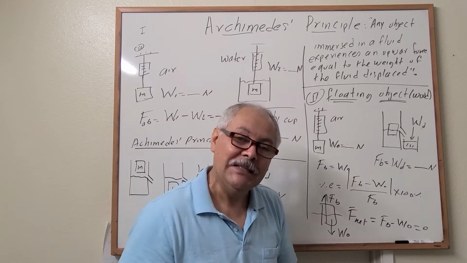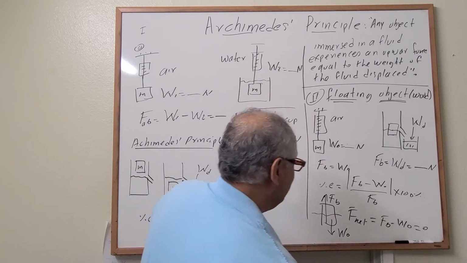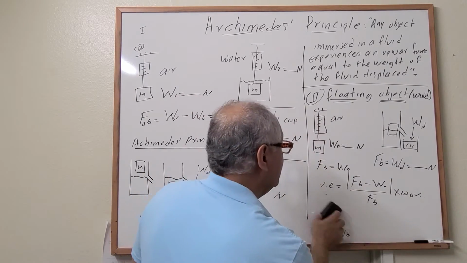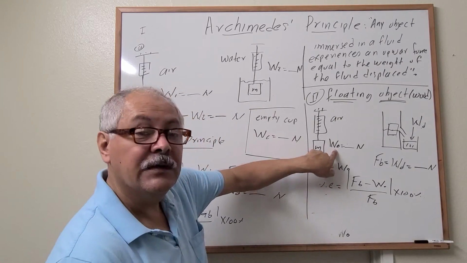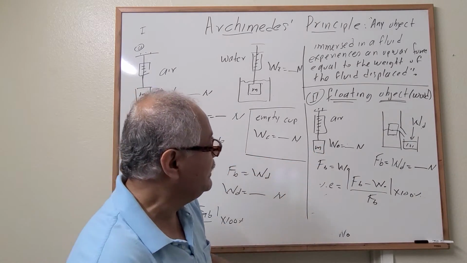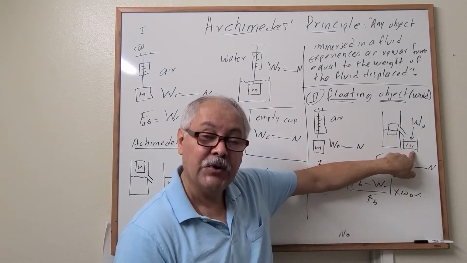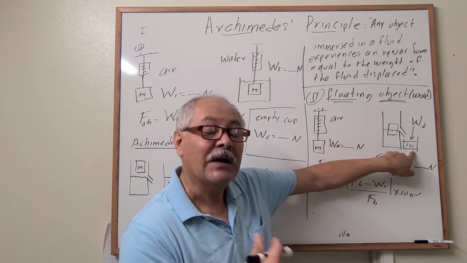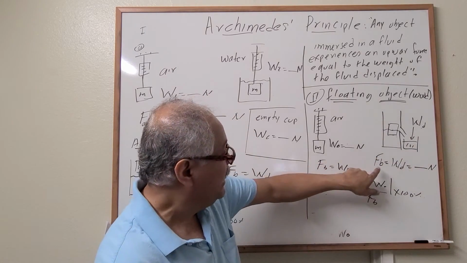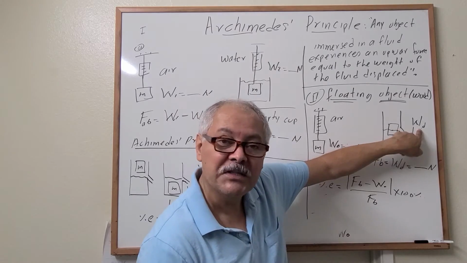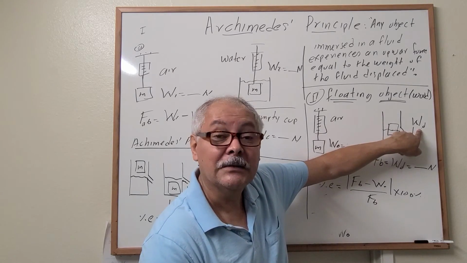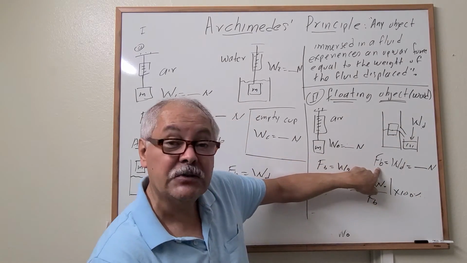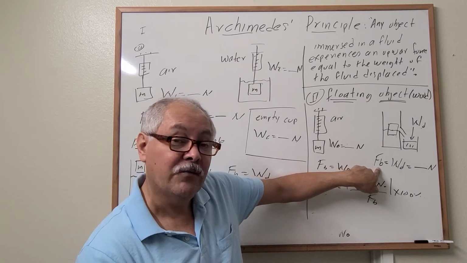Let's prove this part. Perfect. Again, in air it's going to be W0 in newtons. Let's use the Archimedes' principle experiment and find the water displaced, finding the weight, and that's going to be, according to Archimedes, the same as the buoyant force.